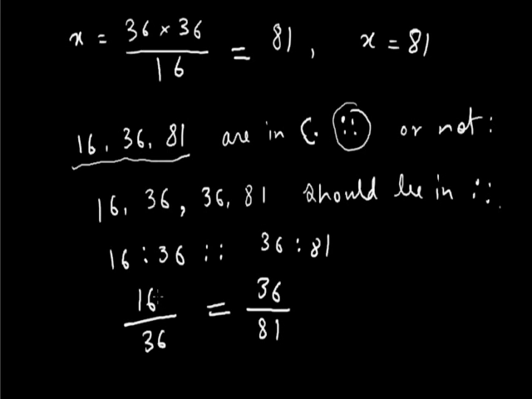Now cancelling the common factors between the numerators and denominators of the two fractions, the first fraction 16 divided by 36: the numerator is cancelled by 4, leaving a quotient of 4, and the denominator is cancelled by 4, leaving a quotient of 9. That means 16 upon 36 equals 4 divided by 9 in its simplest form.